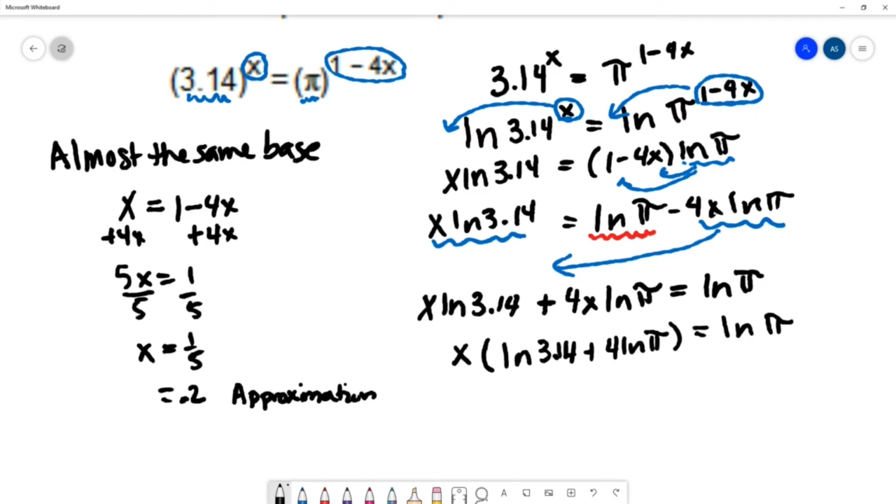And finally, I can get x by itself by dividing by the parentheses on both sides. So I'm dividing both sides by natural log of 3.14 plus 4 natural log of pi.